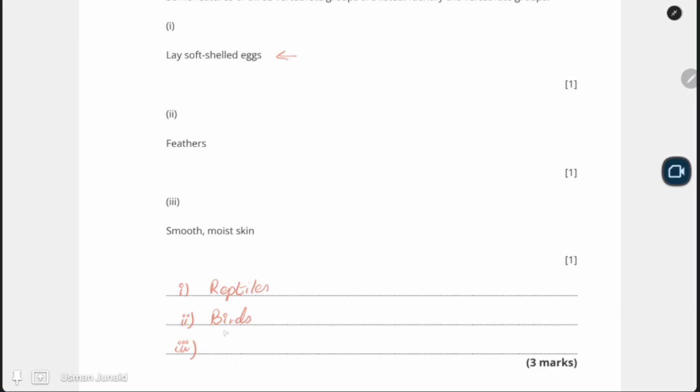Third one is frogs. Which group are they under? I don't know. Amphibians. Amphibians. Okay.